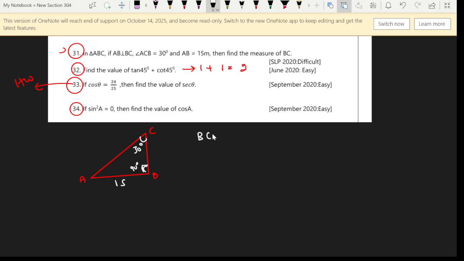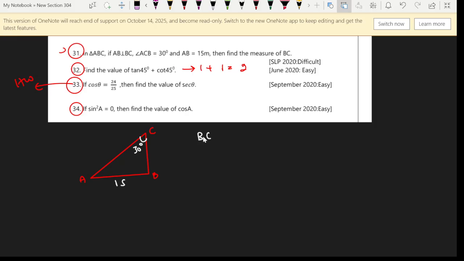For BC, what can be done? If I consider the 30 degree angle as the reference, I want BC, right? So what is the adjacent side of 30 degrees?